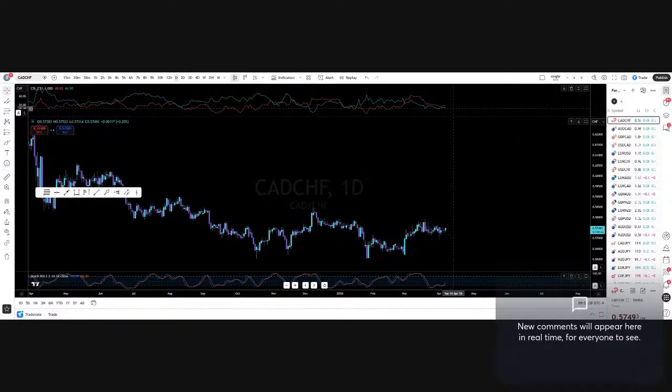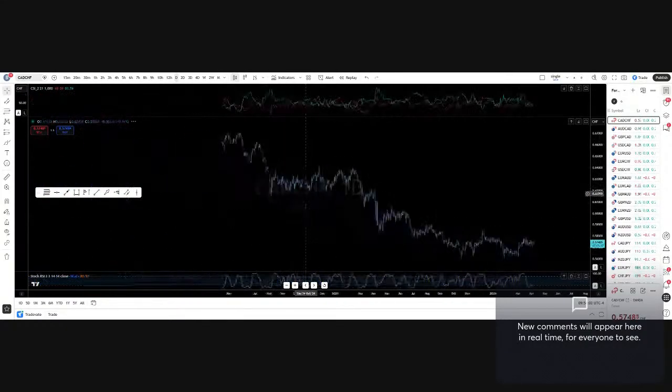So on the CAD Swiss, kind of flat right now. You can see we've got a little bit of flat price action. We still do have the CAD line slightly on top. So we'll see, but to me there's no trade here right now. If we start to get these two diverging away from each other, like say the red line starts to bend up, the blue down, then this could be a potential long setup. You can see we're kind of range bound in this market.